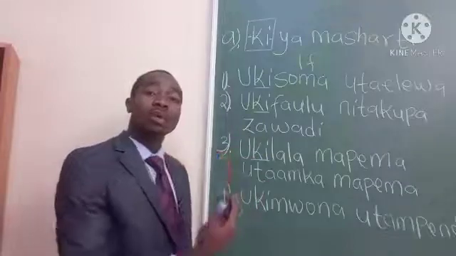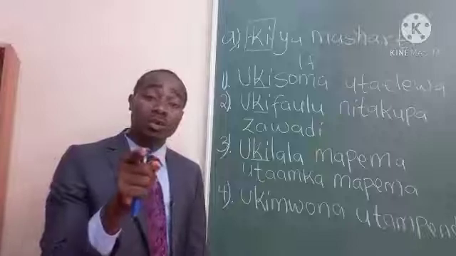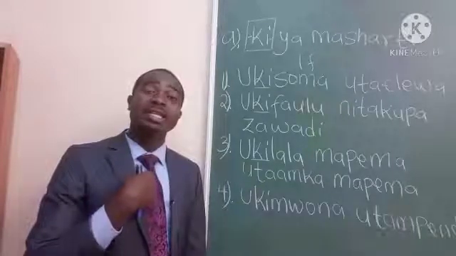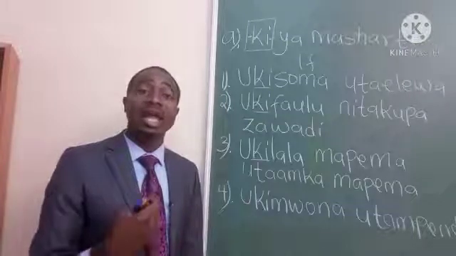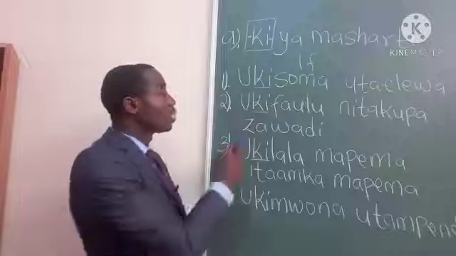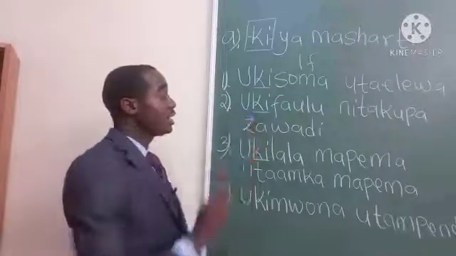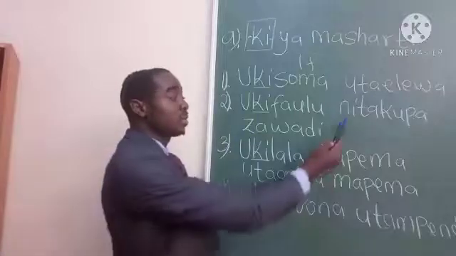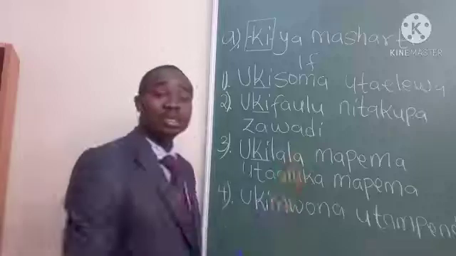Ukifaulu nitakupa zawadi. If you excel, I will give you a gift or a present. You see here is ki in this form, and then this verb is in the future tense because this ta represents the future tense.